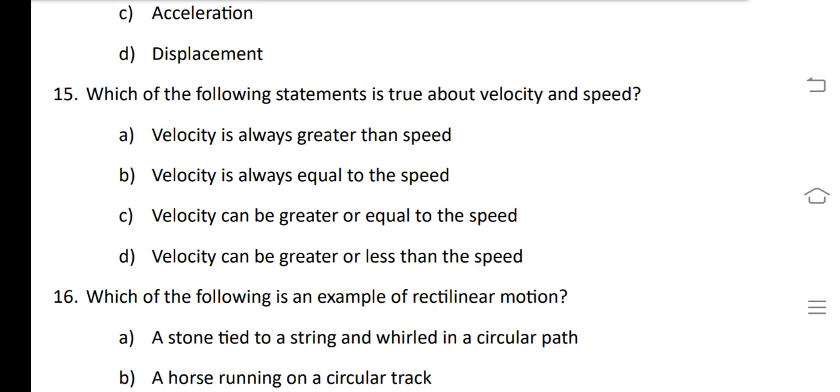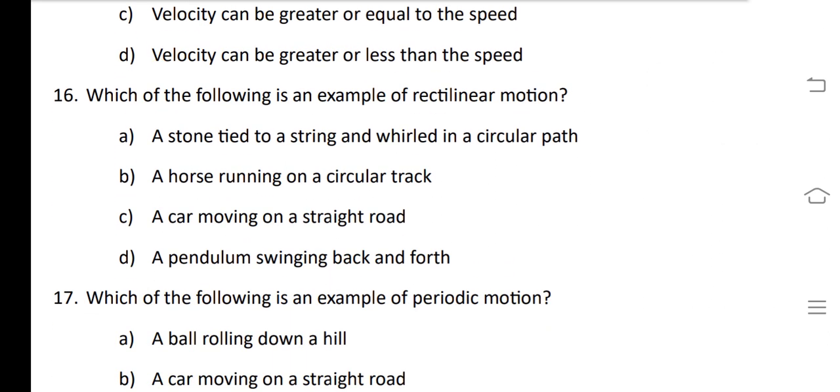No, velocity can never be greater than speed. And option number A said velocity is always greater than speed. It is also incorrect. So the correct answer will be B. Velocity is always equal to speed. According to option, we have to go with option number B.